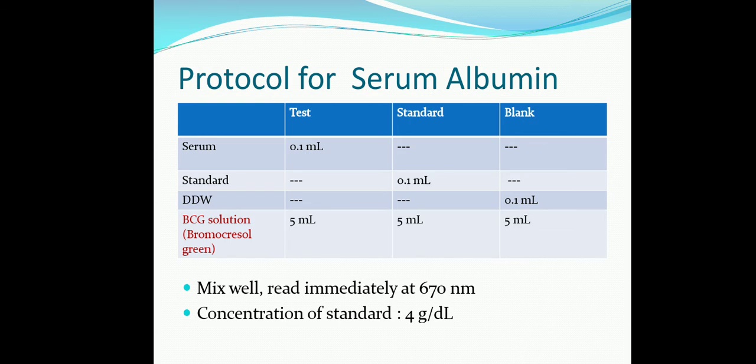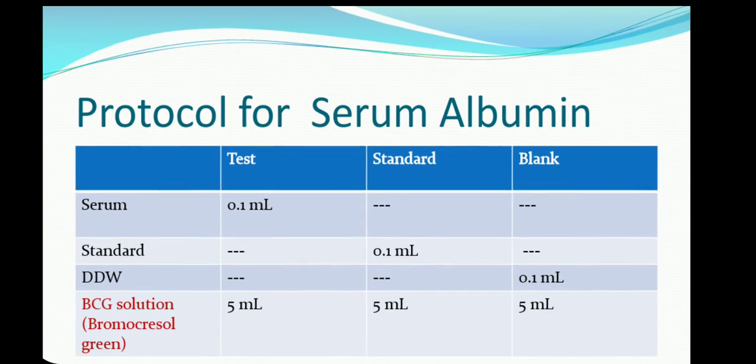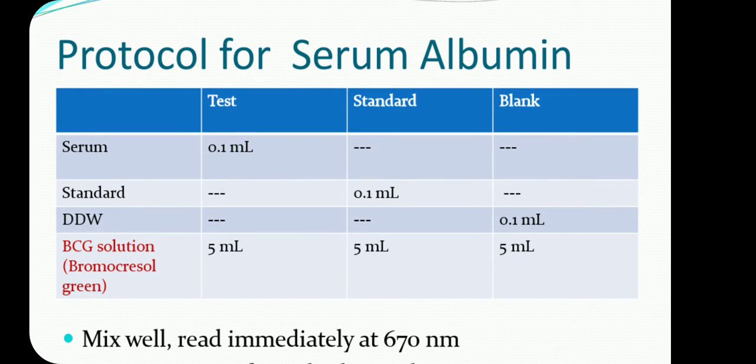Protocol for serum albumin. Again we take a similar set of three tubes: test, standard, and blank. In test we take 0.1 ml of serum and 5 ml of BCG solution, bromocresol green solution. In standard we take 0.1 ml of standard and 5 ml of BCG solution.